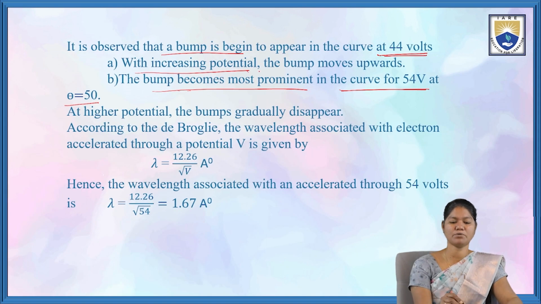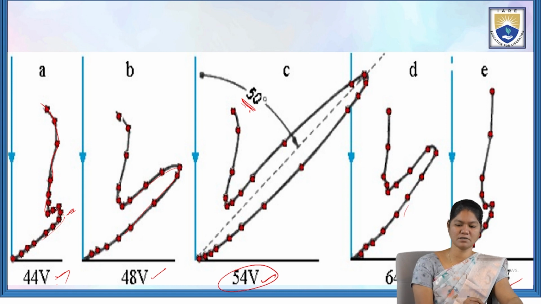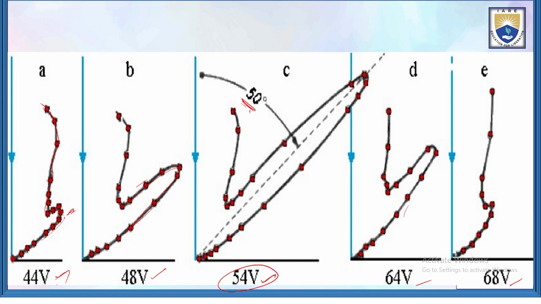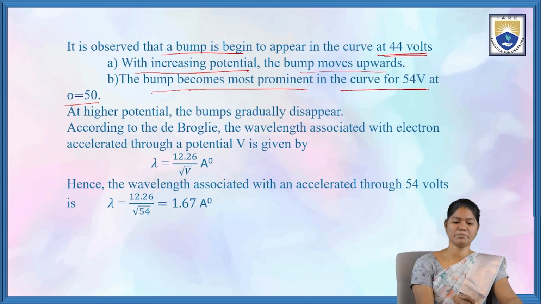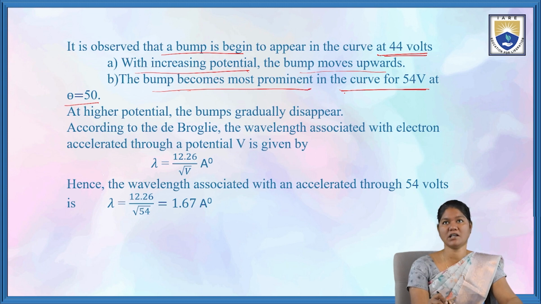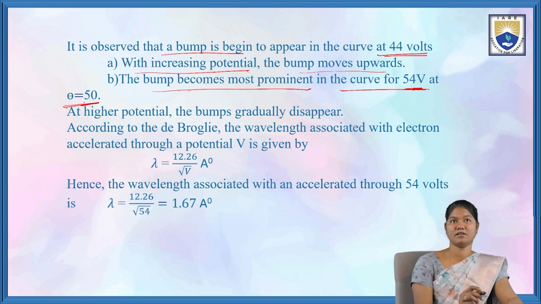With increasing potential, the bump moves upwards. The bump becomes most prominent in the curve for 54 volts at theta equals 50 degrees scattering angle.